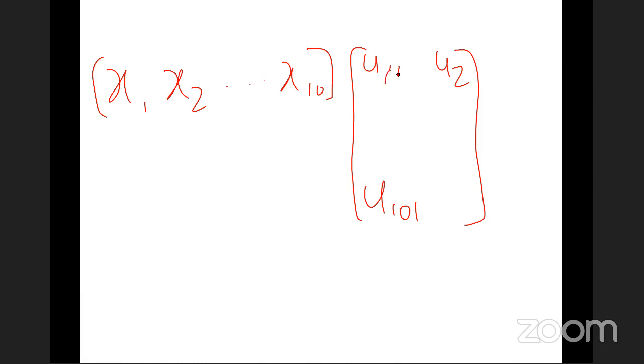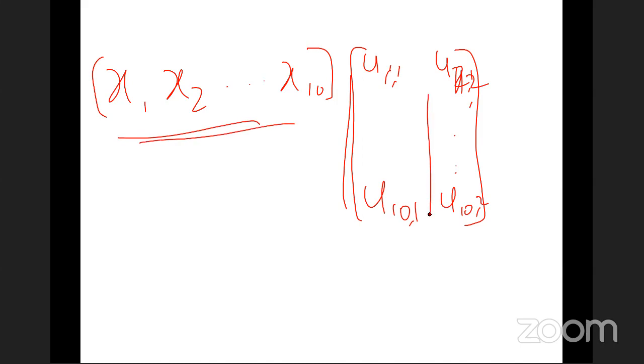So I had u11 all the way up to u10, and then u12 all the way up to u10. Okay, if I take this times this, and then this times this, I will get two numbers.